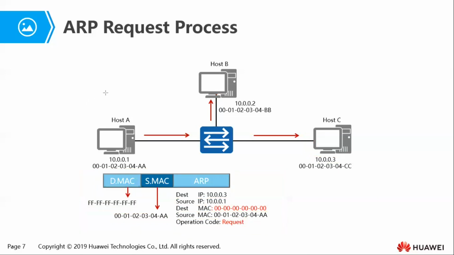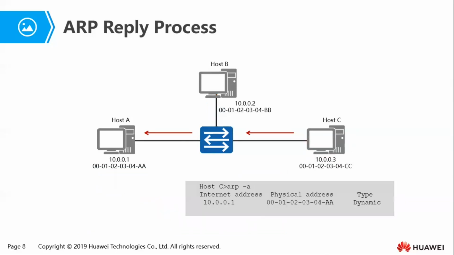After sending the request, host C will receive it, process it, and create another ARP packet. But now, before discarding the packet it received, it's going to update its own ARP cache table with the IP address of host A and the MAC address of host A. As you can see, under the type, it has learned it dynamically using the ARP protocol.